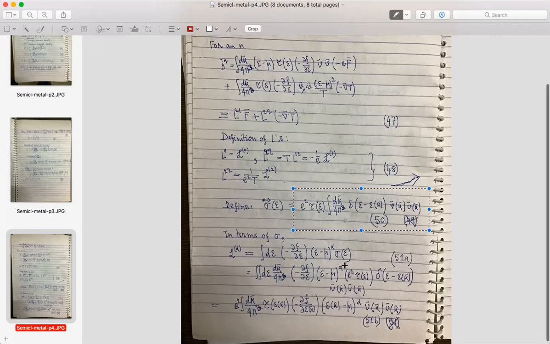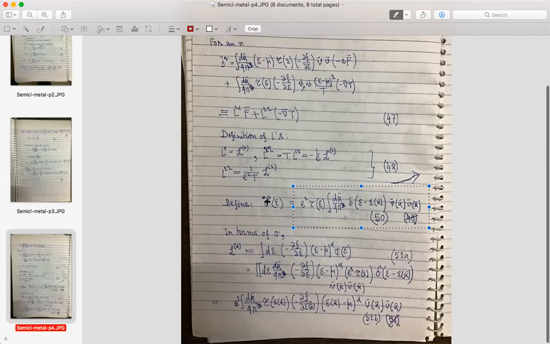The reason we do that is that then, in terms of this sigma, the L alphas, so I have an L0, an L1, and an L2, can in general be written as this.